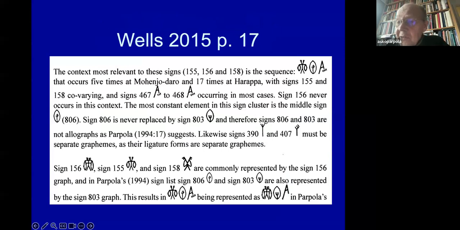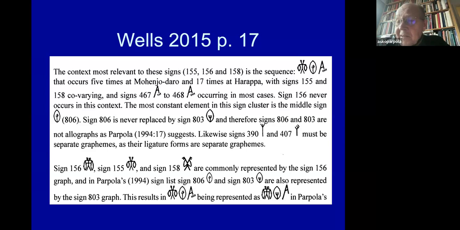Wells continues. The context most relevant to these signs, 155, 156, and 158, is the sequence that occurs 5 times at Mohenjo-Daro and 17 times at Harappa, with signs 155 and 158 co-varying, and signs 467 to 468 occurring in most cases.